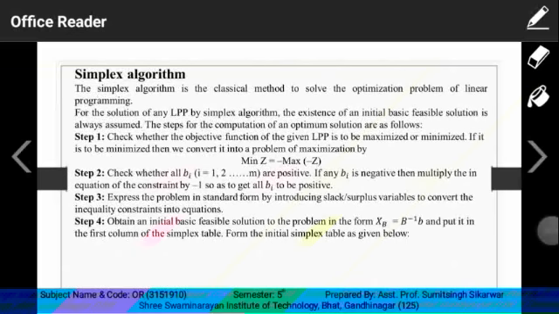Now let us move on to the simplex algorithm. This simplex algorithm is a classical method to solve the optimization problem of a linear programming problem. For the solution of any linear programming problem by simplex algorithm, there is existence of an initial basic feasible solution which is always assumed.